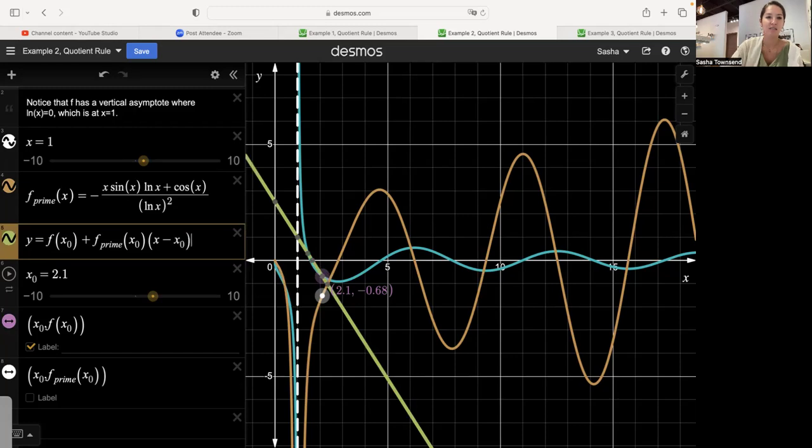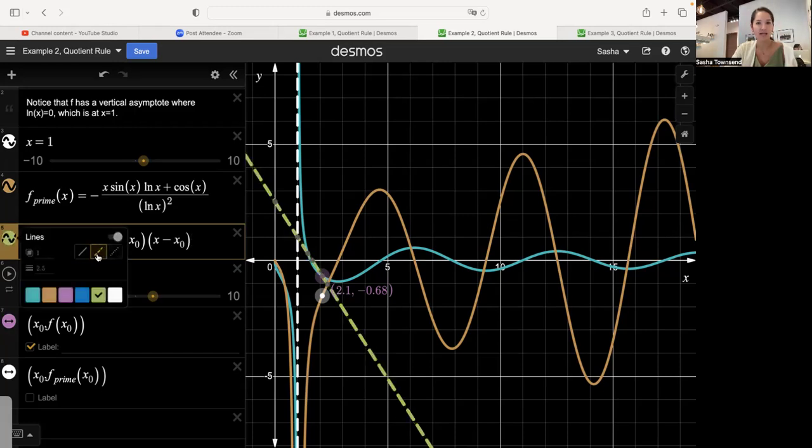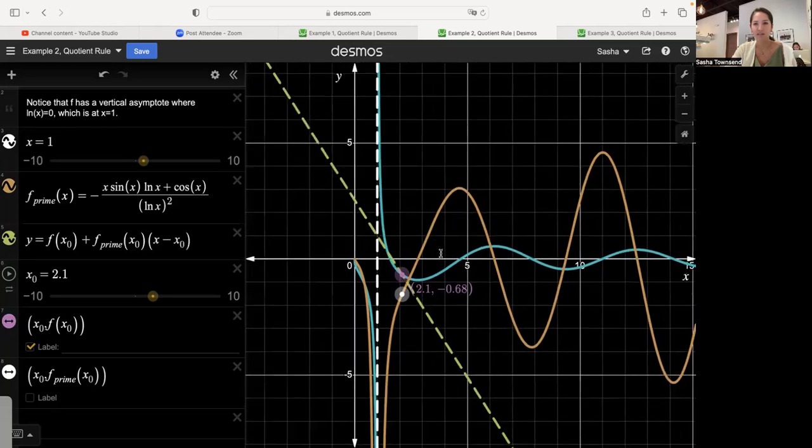So we've got change in x times change in y over change in x is change in y, plus the original y value is the new y value. And that gives us our tangent line. And the claim is that this is tangent to the graph at that location, and that the slope of this tangent line is actually given by the function values on the other graph.